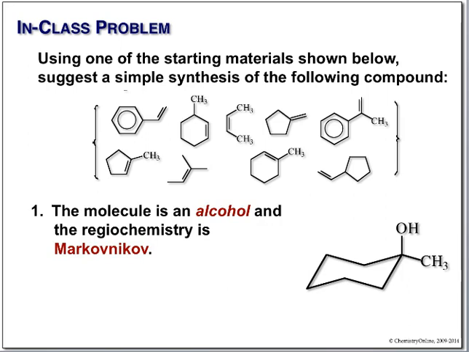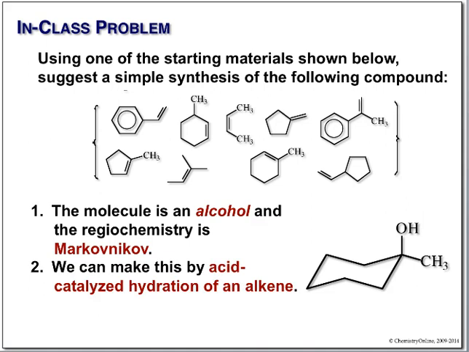We know we can make Markovnikov alcohols in a rather brutal reaction with acid and water, or a more selective reaction with mercury and water. Acid catalyzed hydration of an alkene.